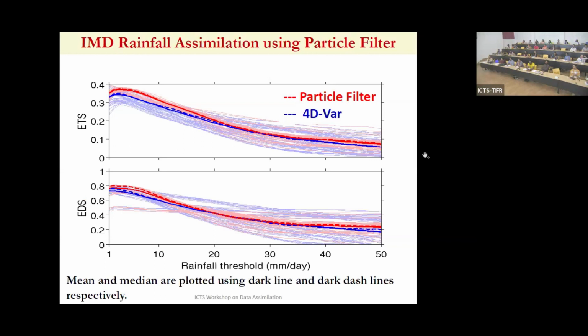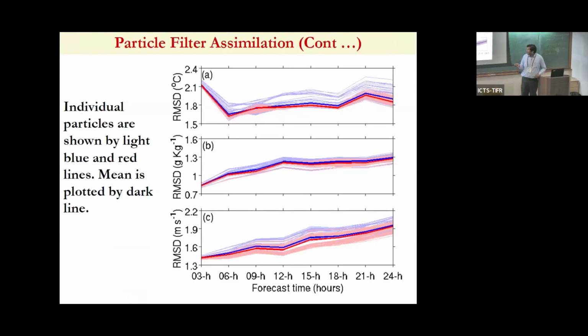Here we found that not only for the low rainfall threshold, but also for the high rainfall threshold, we got an improvement over the 4D-Var methods. Again, because here we are selecting the particles and rejecting the particles, we give some perturbation based on scaps.